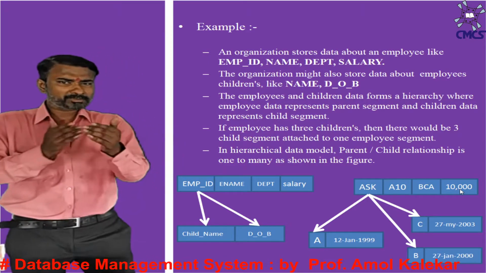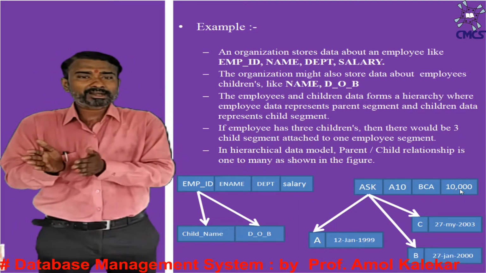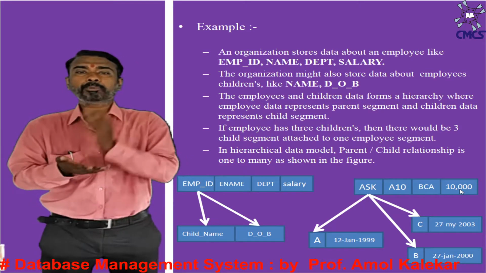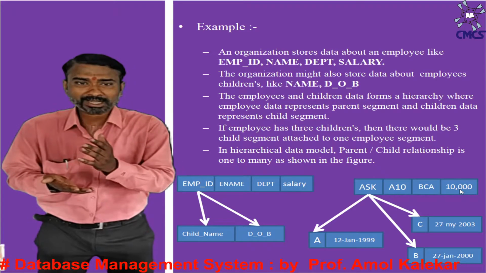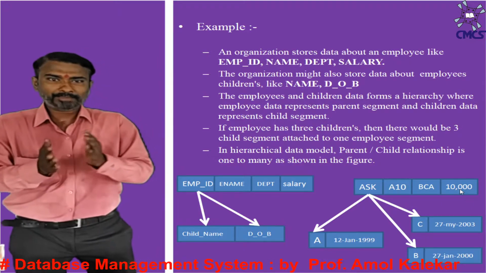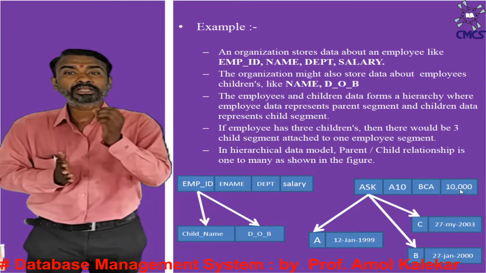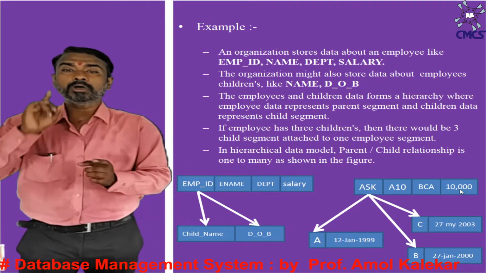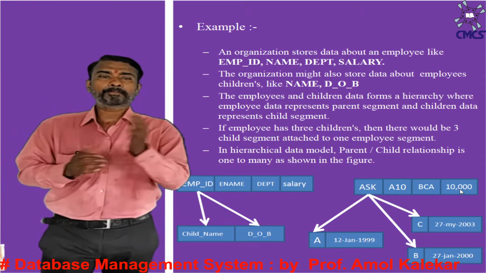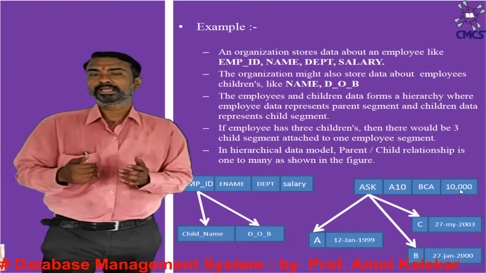So, whenever we are maintaining the data like this, the employee and the children data form a hierarchy where employee data represents the parent segment and the children data represents the child segment. Now, if an employee has three children, then there would be three child segments attached to a given employee segment. In the hierarchical data model, the parent-child relationship is one to many, as you can see in the given figure.